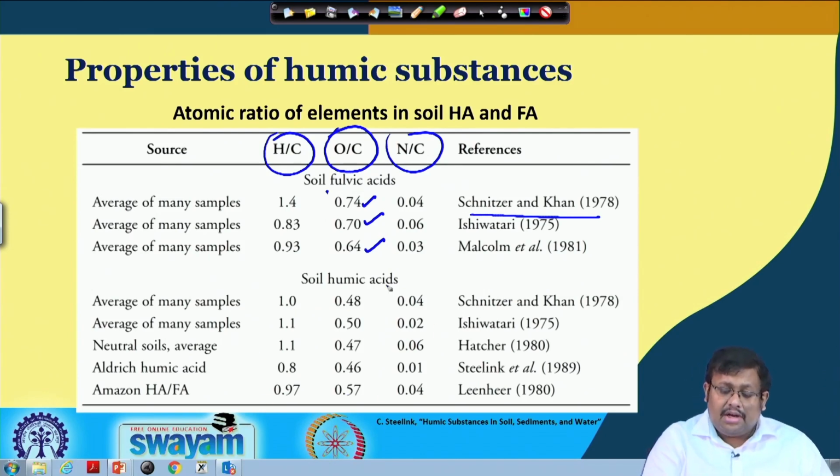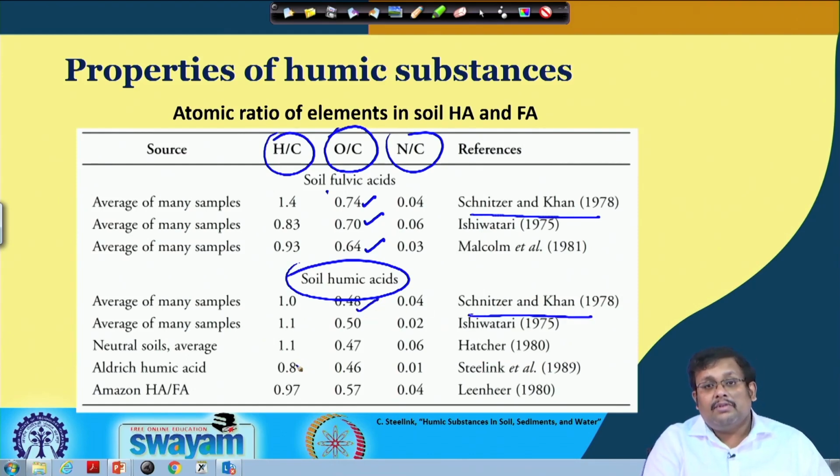However, in soil humic acid, the OC ratio is less than or around 0.50. Schnitzer and Khan calculated 0.48, Ishiwatari calculated 0.50, Hatcher calculated 0.47, Steelink calculated 0.46, and Lin also calculated around 0.5, which is near 0.50.